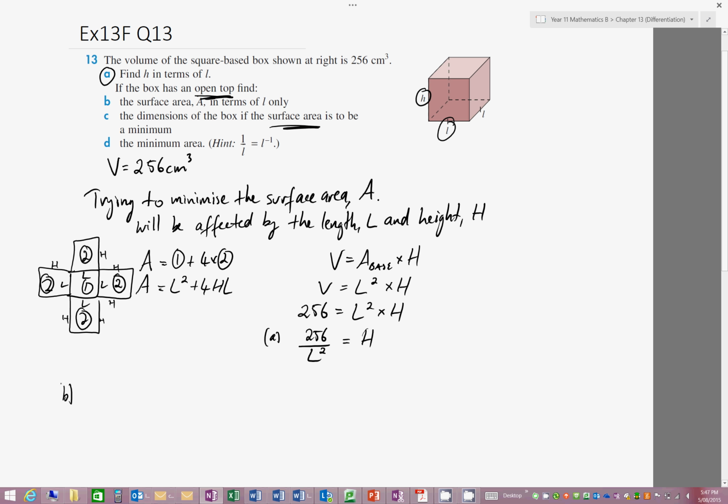Okay, part B, find the surface area A in terms of L only. At the moment I've got the surface area in terms of L and H. So the way I'm going to do part B is I'm going to substitute this expression I found in A into my surface area.